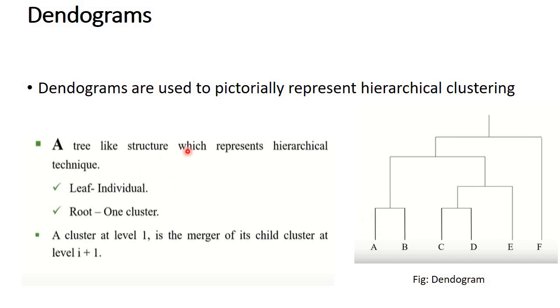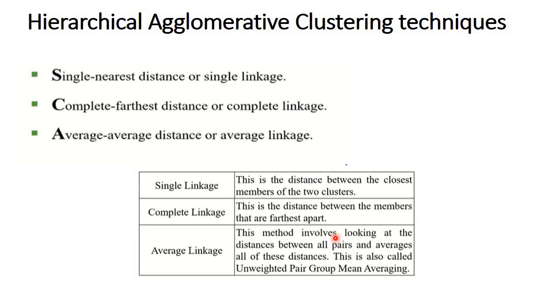So a dendrogram is a tree-like structure which represents the hierarchical technique. Individual objects represent the leaf nodes, and every root node represents a cluster. A cluster at level i is the merger of its child clusters at level i plus 1. There are three main techniques under hierarchical agglomerative clustering. The first one is single nearest distance or single linkage.